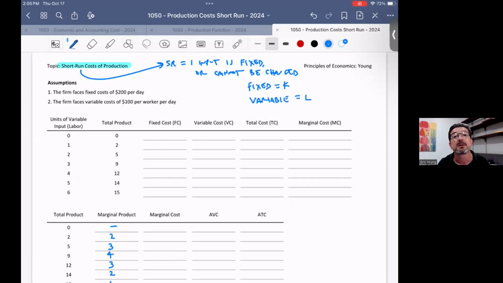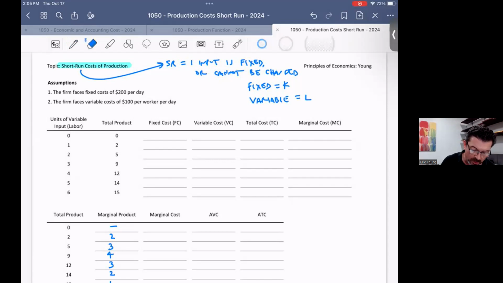And that makes sense. We're stuck in this pizza shop. We have a lease that's ours. We can't change it, but we can very easily bring more workers in or send some workers home and vary our labor. Okay, so one input fixed, one variable.